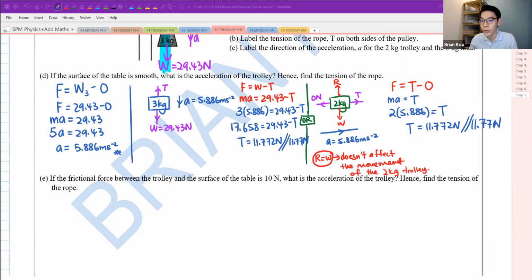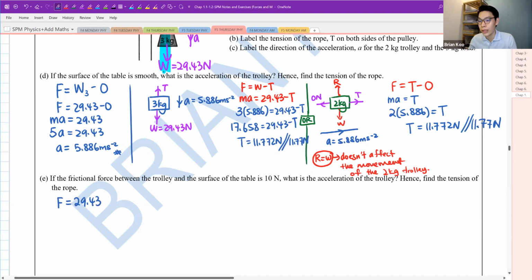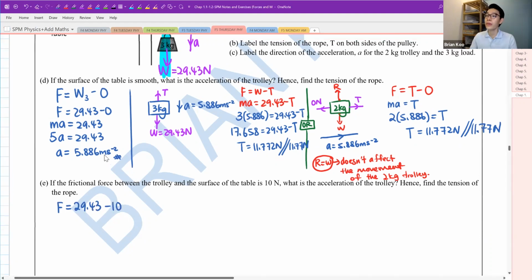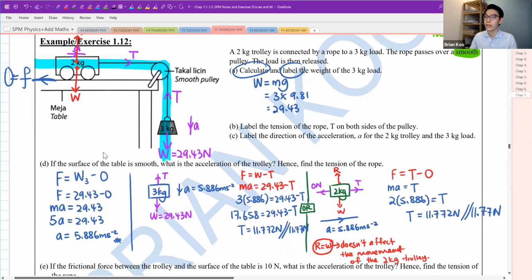Okay, I hope you did. F equals 29.43 minus 10. The resultant force is the weight minus the friction, which is now 10, the one that is slowing the acceleration down. Just look at the blue color line.